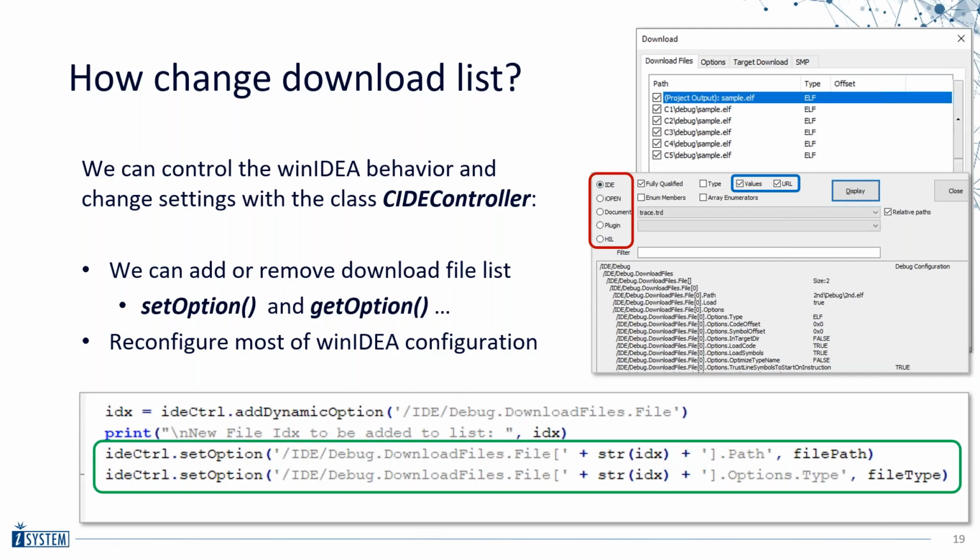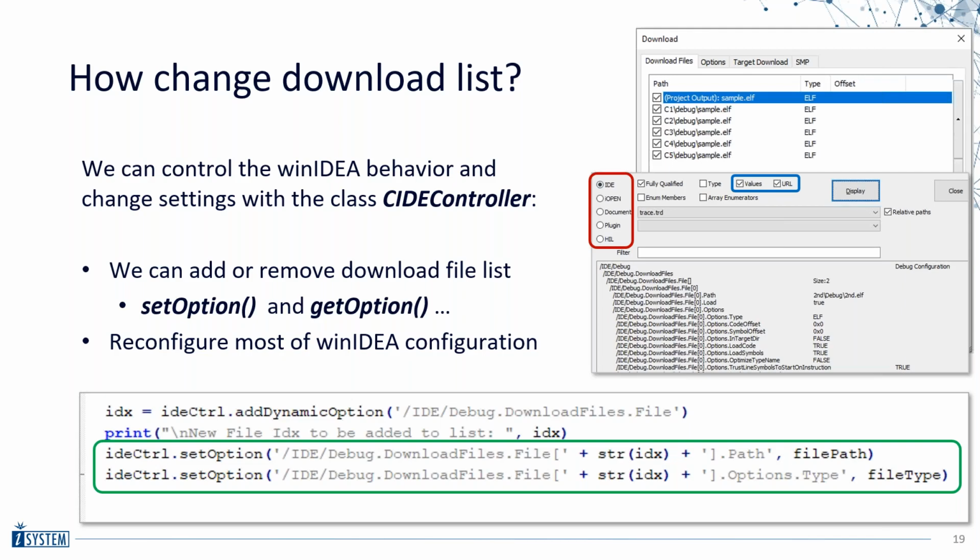Even if these menus and checkboxes are not supported directly with the APIs, we can still offer you support. You can ask us, and as support, we can write you short examples with set options inside the winIDEA controller, showing how to change 99% of what is possible inside winIDEA.